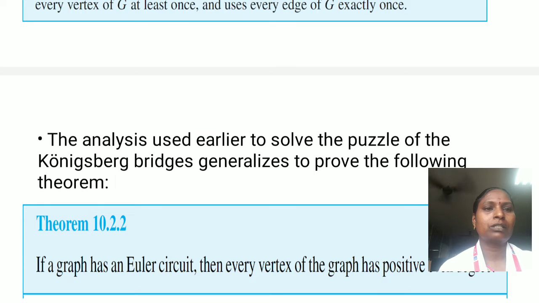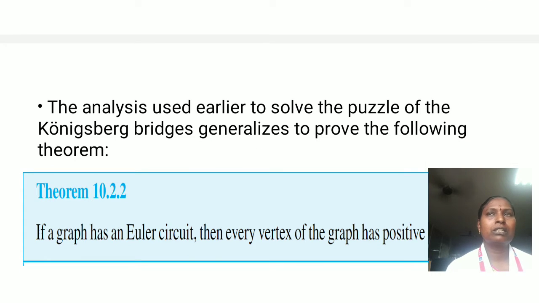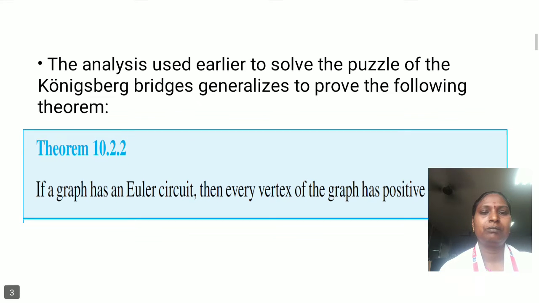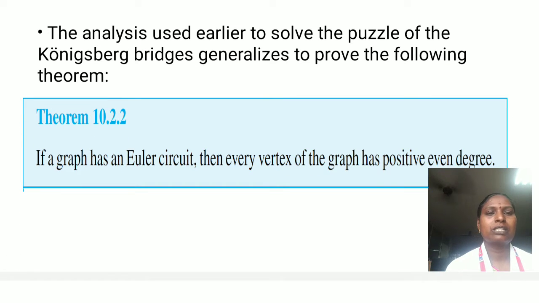An Euler circuit means we move from one vertex and return to the same vertex by crossing every edge exactly once. The analysis used earlier to solve the puzzle of the Königsberg bridges generalizes to prove the following theorem.